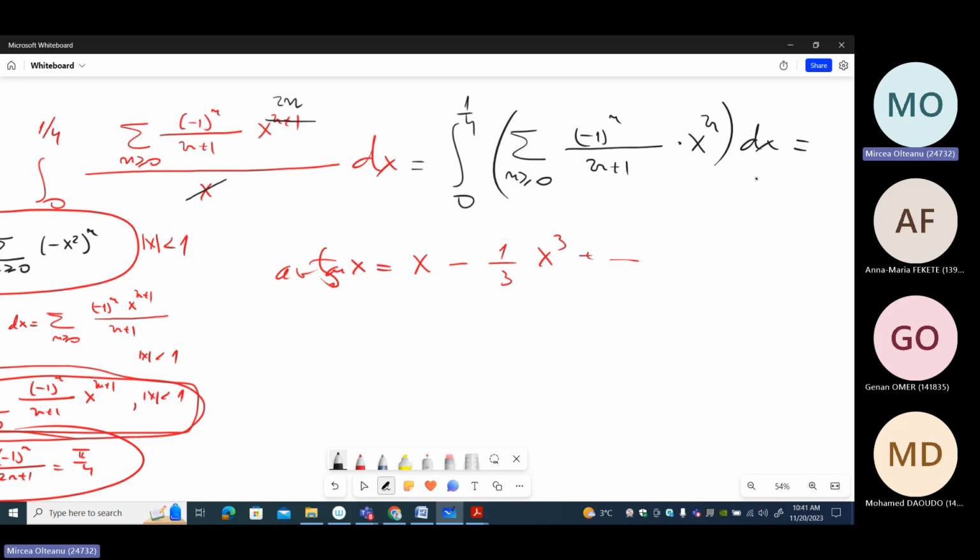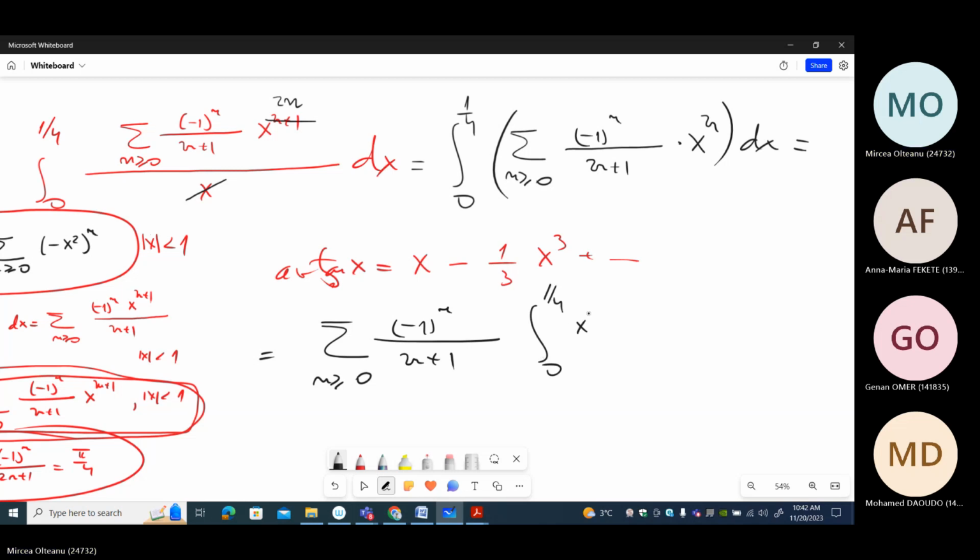And now integration term by term. This is what I told you in the beginning. One can work with power series exactly as we work with polynomials. This is the basic idea about power series. Okay?